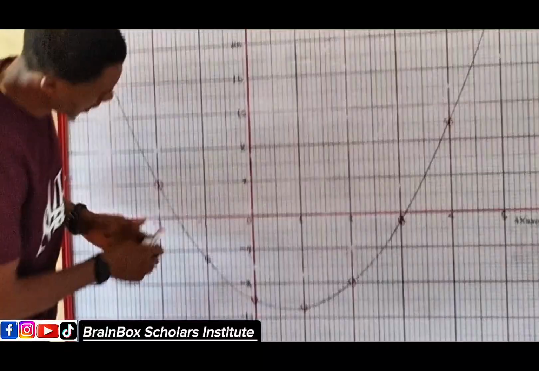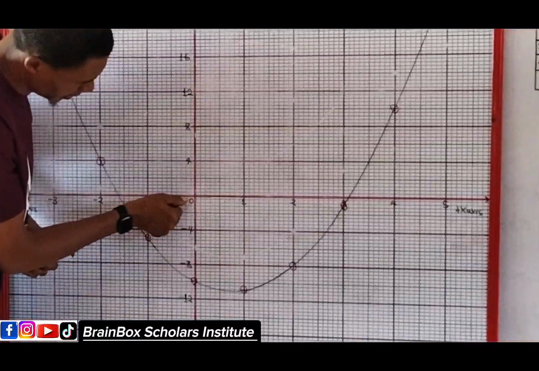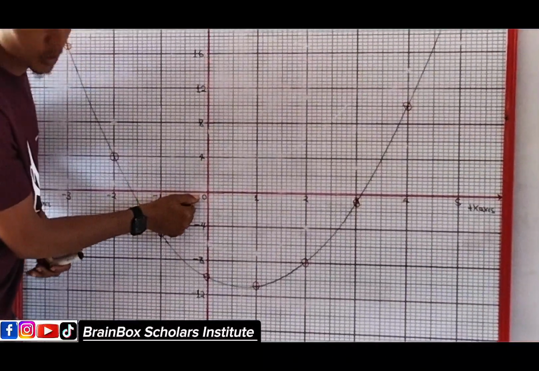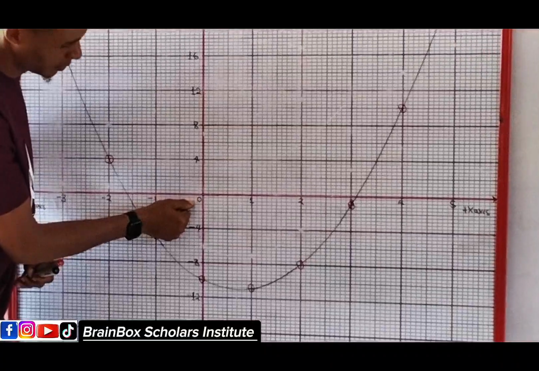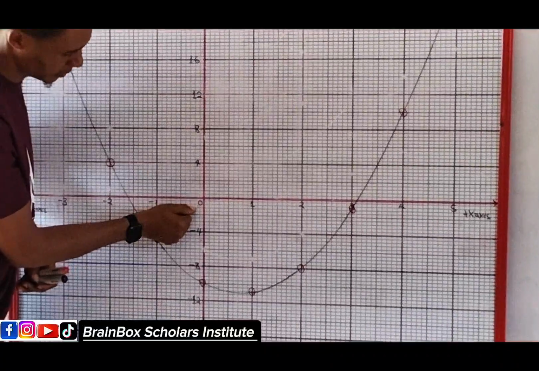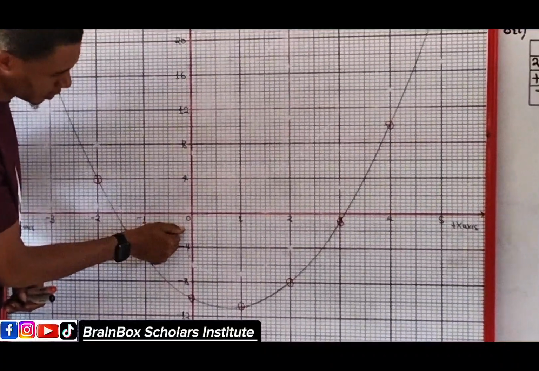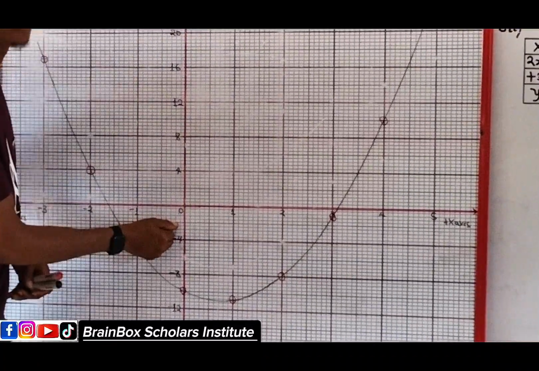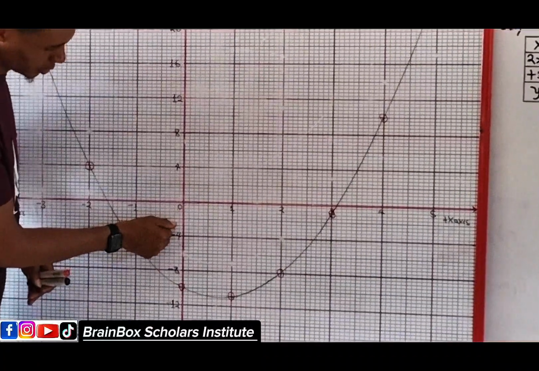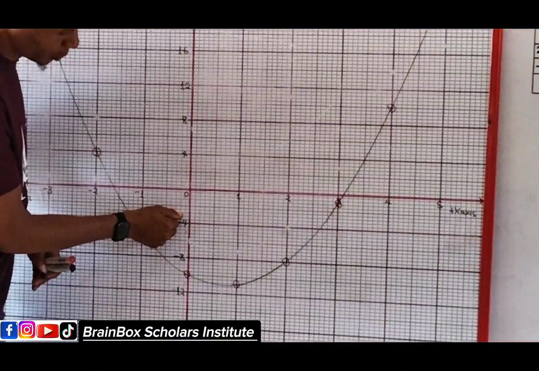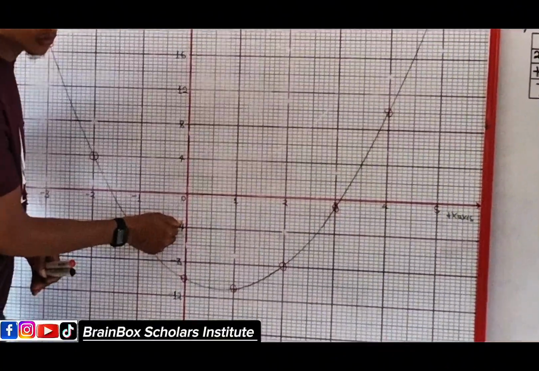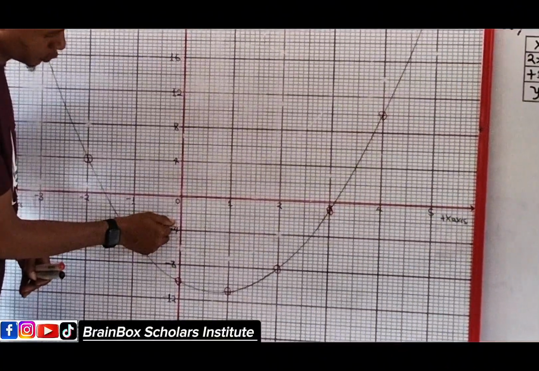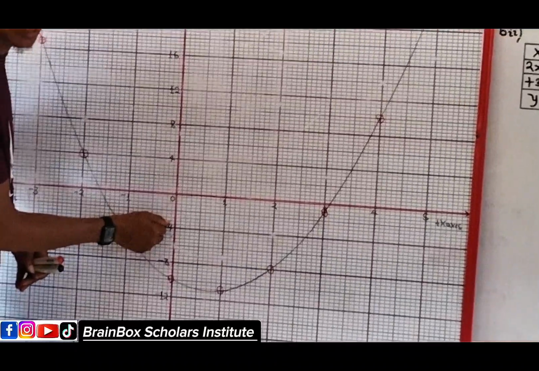So let me find 3 here. So here is 0. First one is 0.4, 0.8, 1.2, 1.6, 2, right? We go again. 2.4, 2.8, 3.2. So you see, between 2.8 and 3.2 is where I have 3.